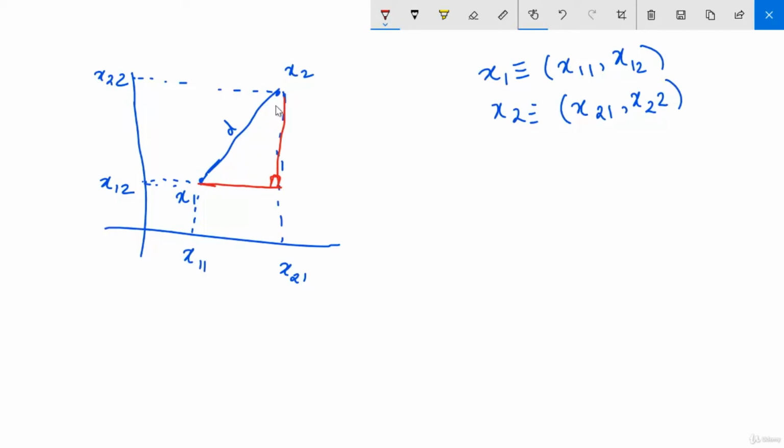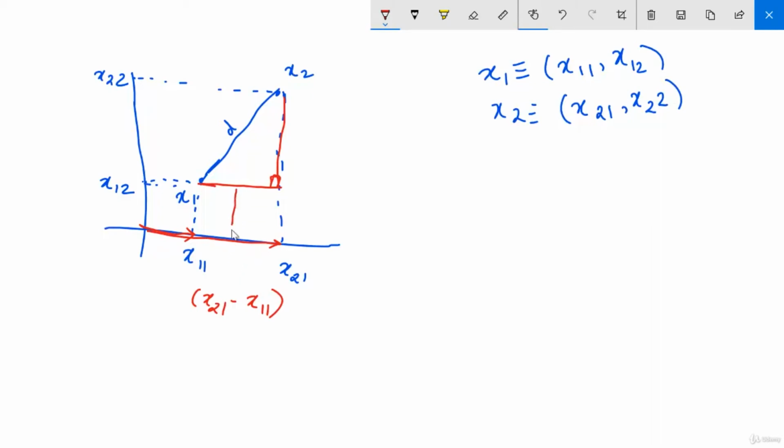Now, don't you think this is very easy using Pythagoras theorem? We can easily find that. So x2 is this. From here to here is x2, and from here to here is x1. So don't you think this distance is x21 minus x11? So x21 minus x11. We will be getting this distance, right?